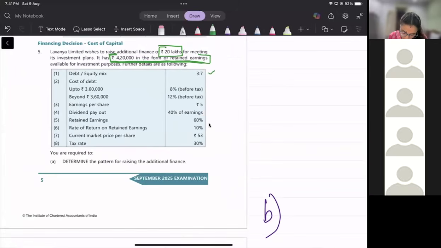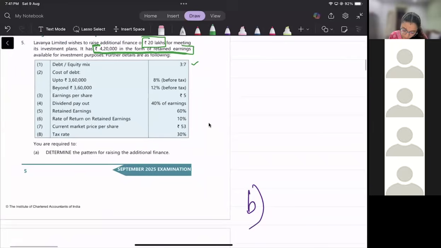Debt equity mix. Cost of debt up to 3,60,000 is 8% before tax. Beyond 3,60,000, 12% before tax. EPS 5. Dividend payout 40%. Retained earnings 60%. Rate of return on retained earnings 10%. Current market price 53. Tax rate 30%.